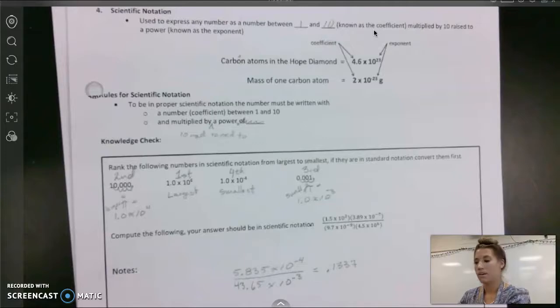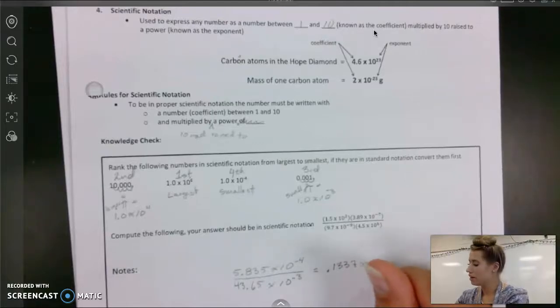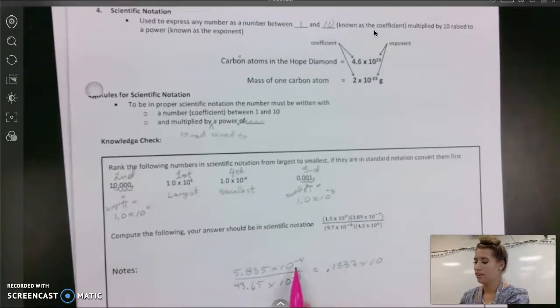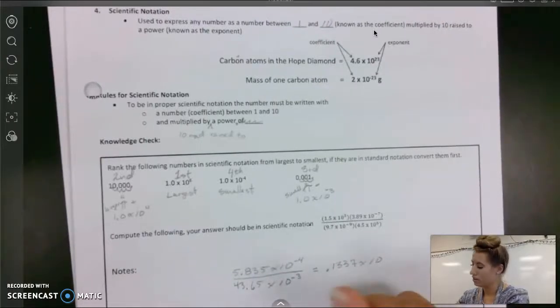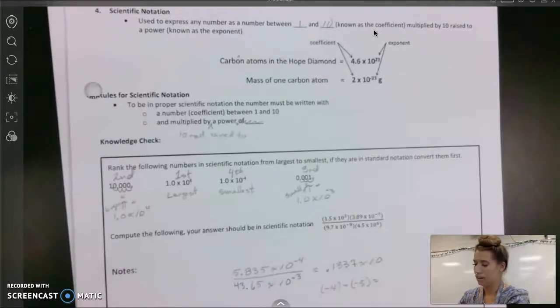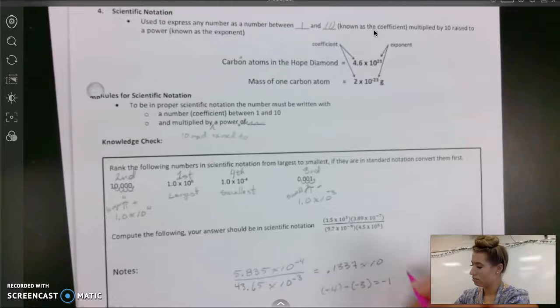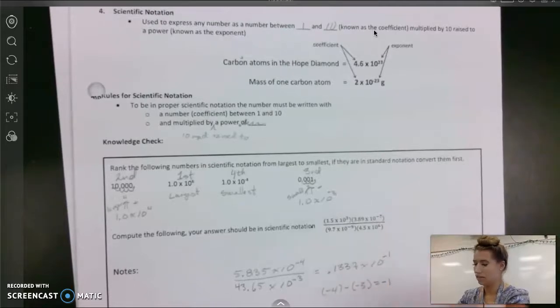Times 10, and then -4 minus the -3. -4 minus a -3. Okay, that would leave us with a -1. So 10 to the -1.